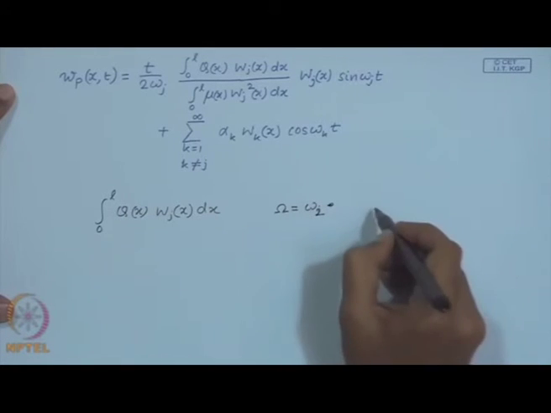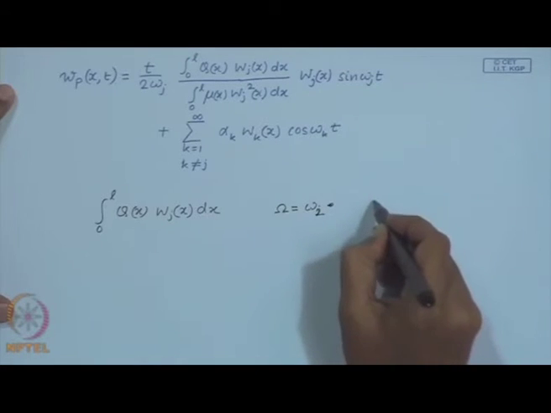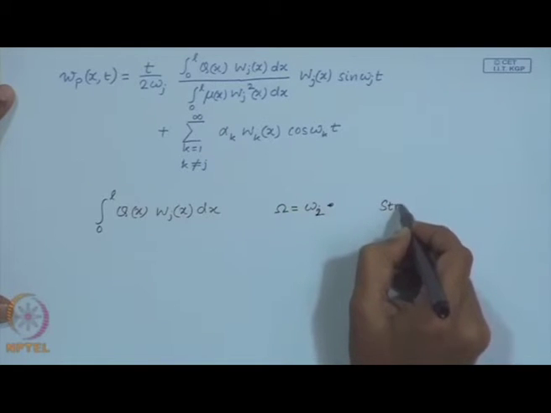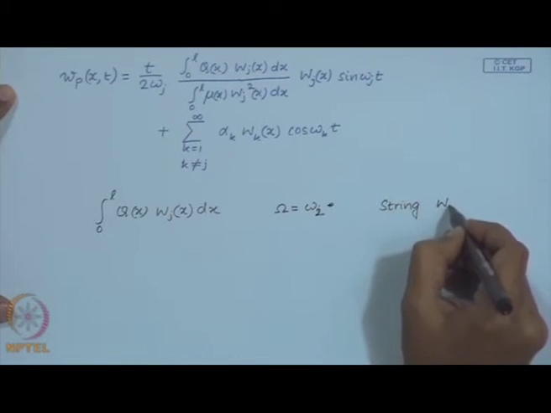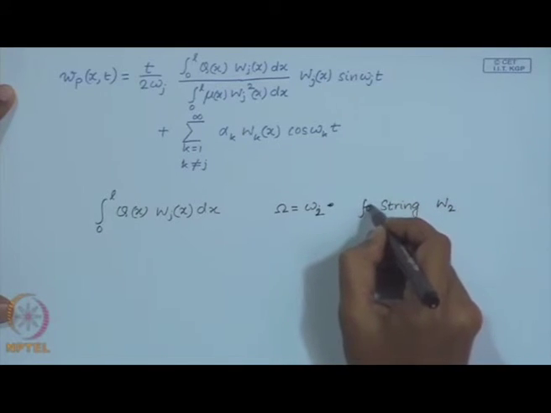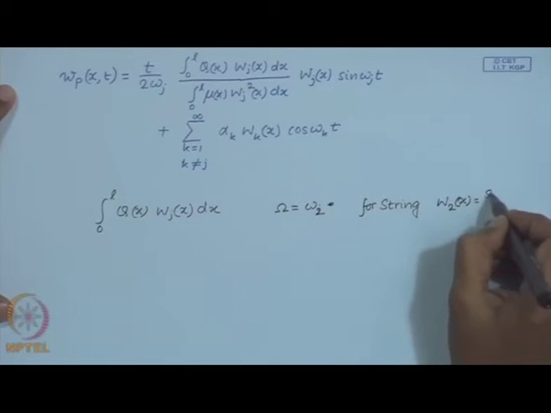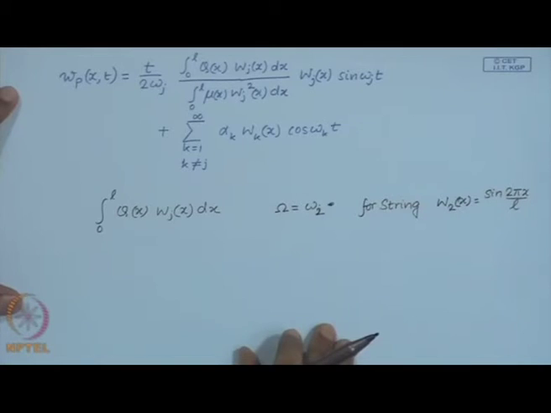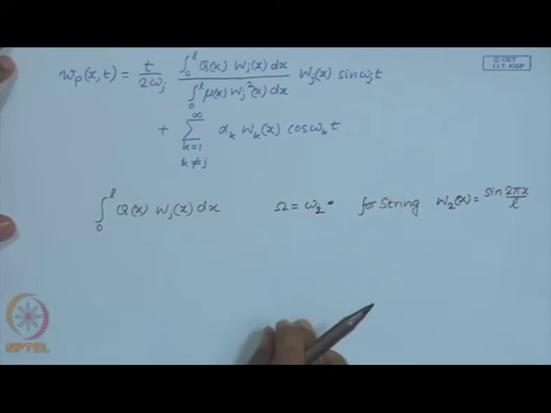In that case, for a taut string, we have the eigenfunction sine of 2 pi x over L.